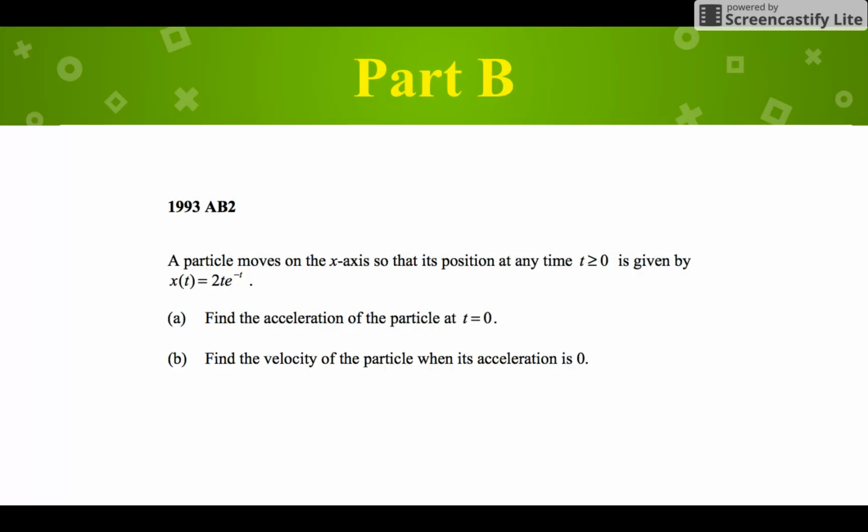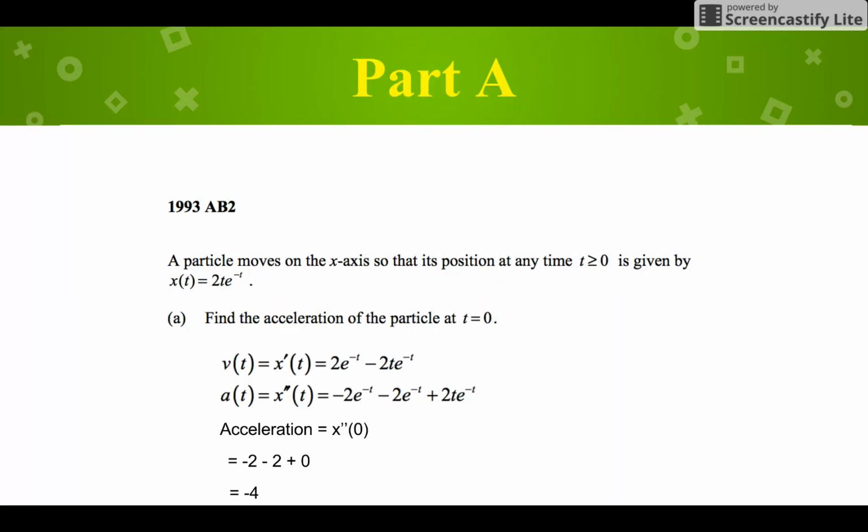Part B now is find the velocity of the particle when its acceleration is 0. We know that the acceleration at t equals 0 is negative 4 from the second derivative.